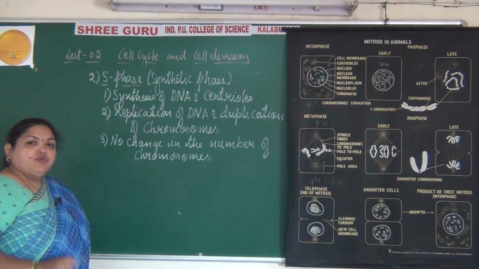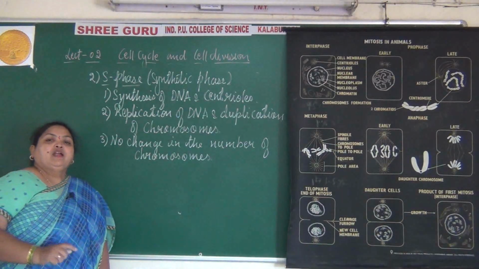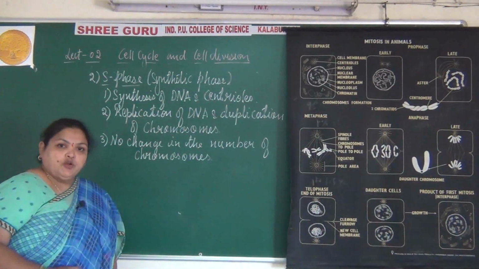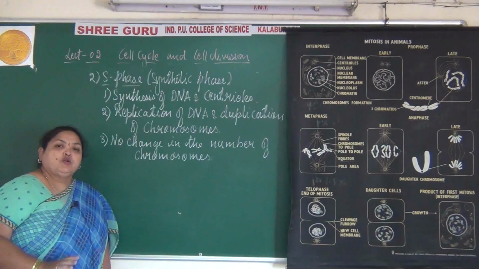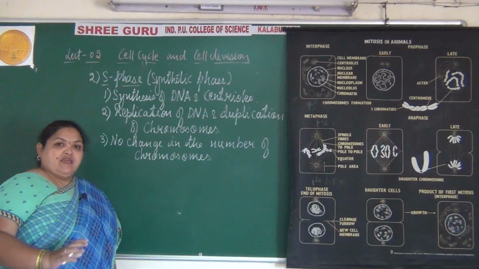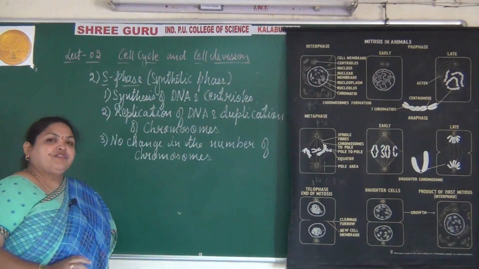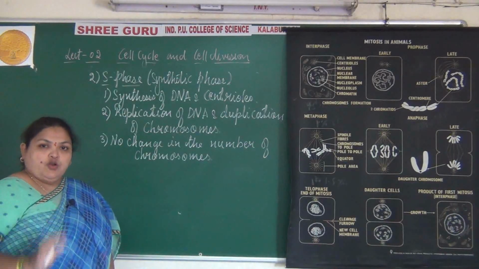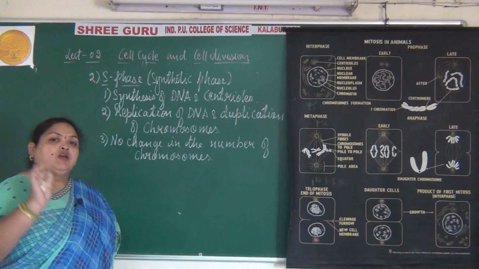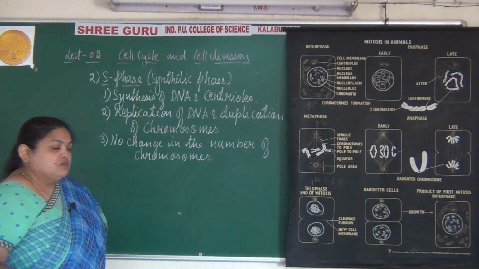For example, in a human cell, as I already said, we have 46 chromosomes. Here there is doubling of DNA, but the chromosome number will be the same. The amount of DNA increases, but there is no change in the number of chromosomes. It is just 23 pairs or 46 chromosomes.